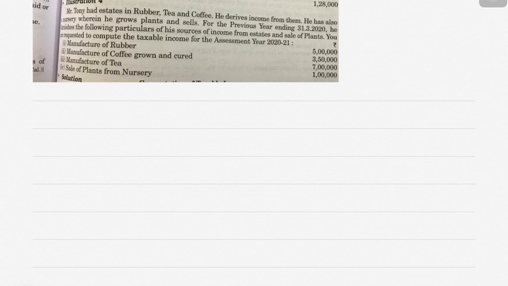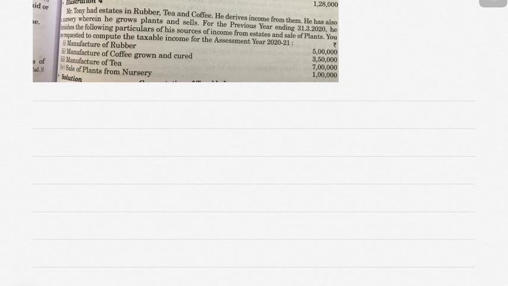For the previous year ending 31st March 2020, he furnishes the following particulars. You are requested to compute the taxable income for the assessment year 2021. Manufacture of rubber 5 lakh, manufacture of coffee grown and cured 3 lakh 50, manufacture of tea 7 lakh, sale of plant from nursery 1 lakh.